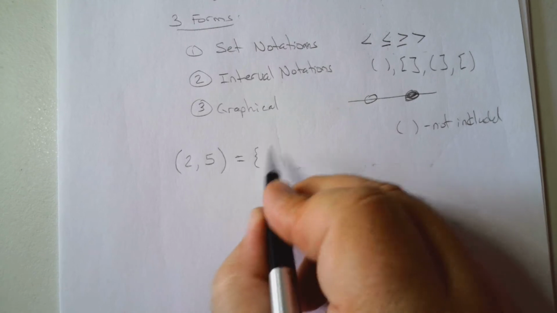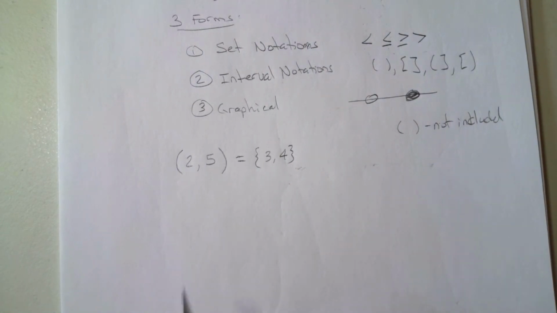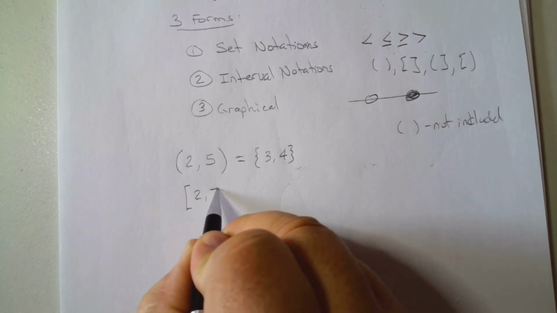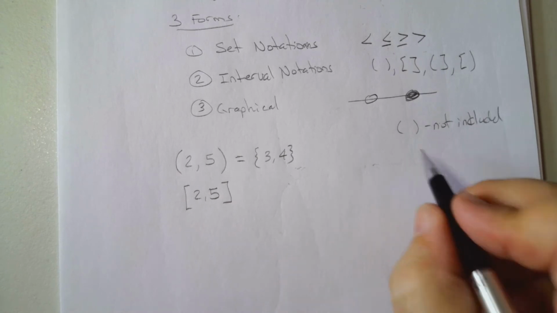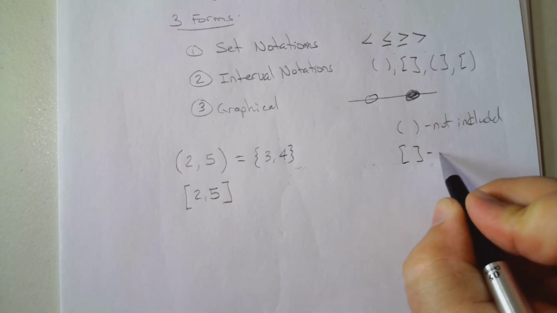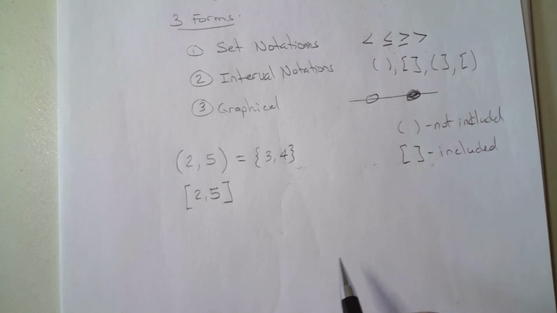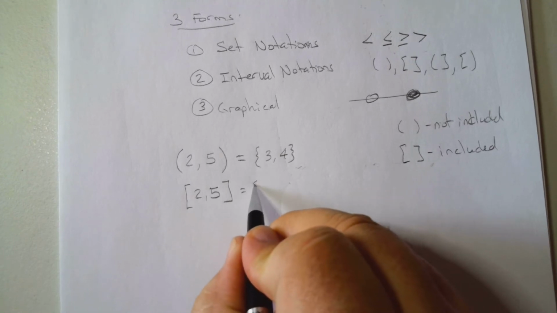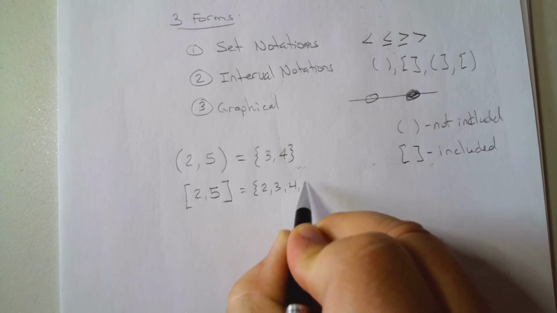So it means everything in between, which is just 3 and 4. Brackets are just the opposite. That means those endpoints can be included. Since 2 has a bracket and 5 has a bracket, that means my answers would include the 2 and 5.